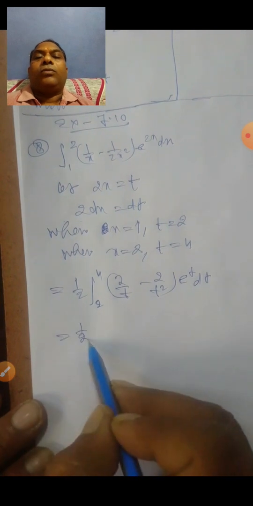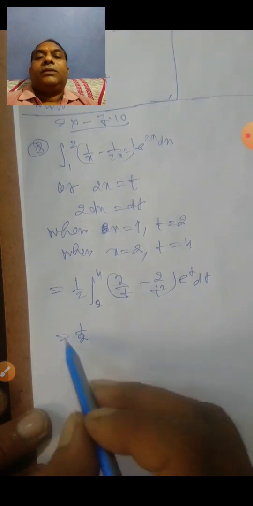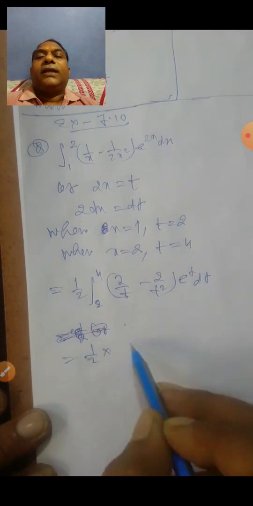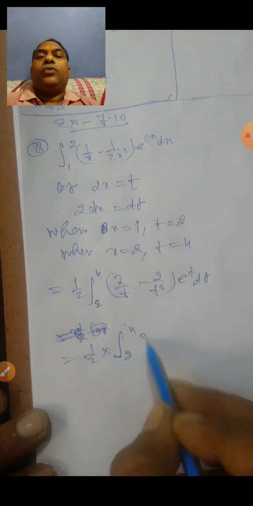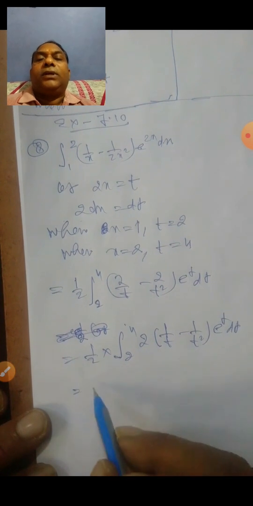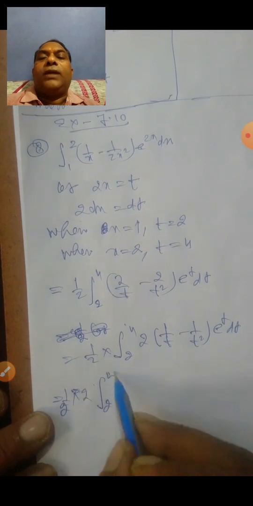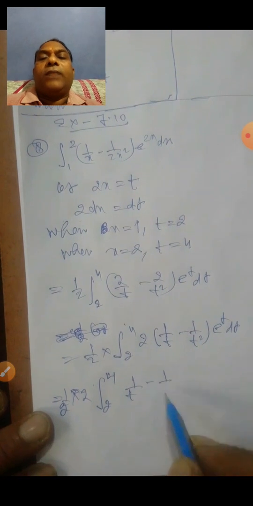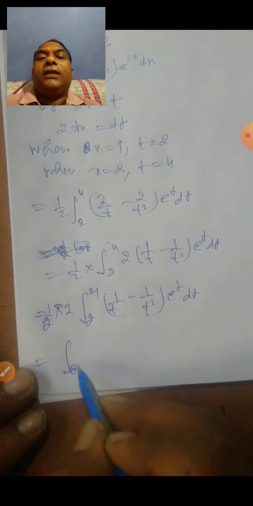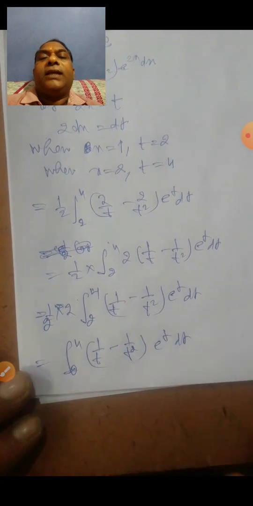Now taking out 2 common, 1 by 2 into 2 into integration 2 to 4 of 1 by t minus 1 by t square, e to the power t dt. 2 and 2 will cancel out, clear.